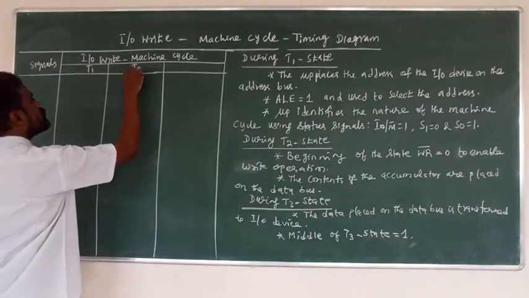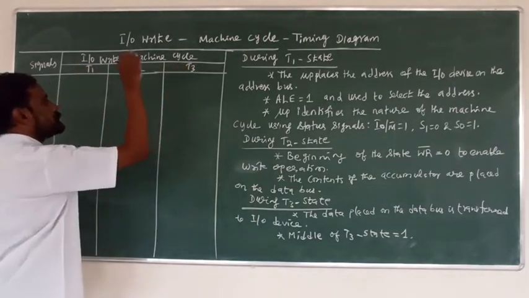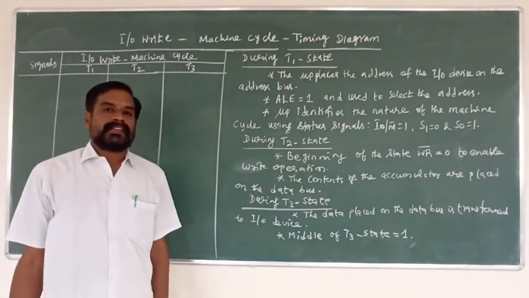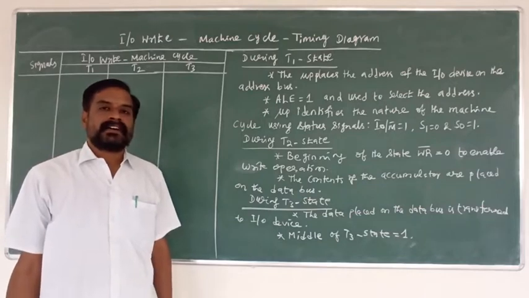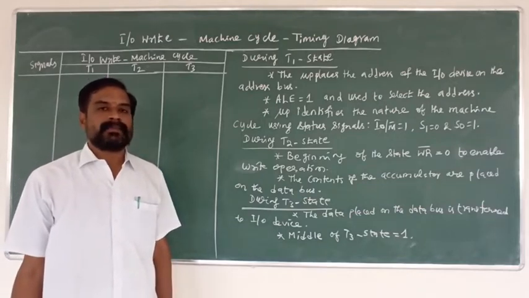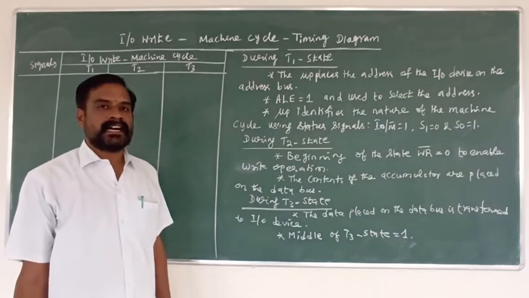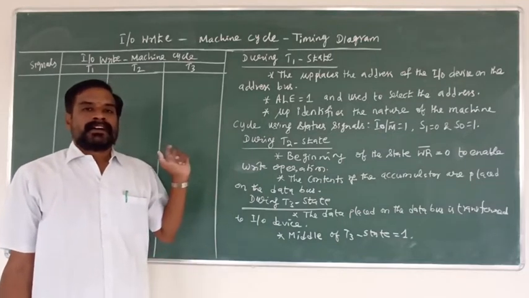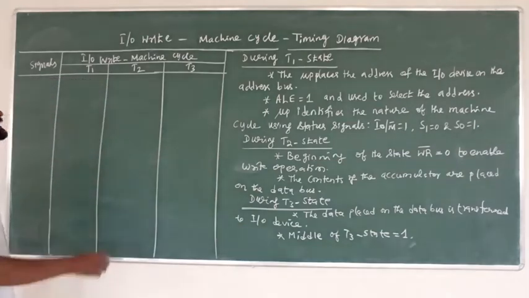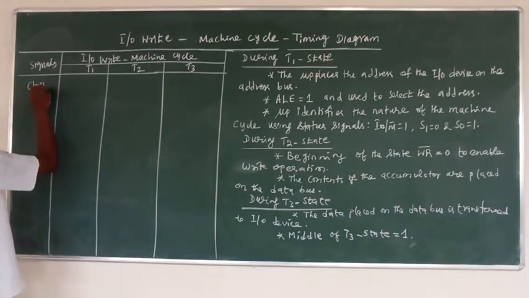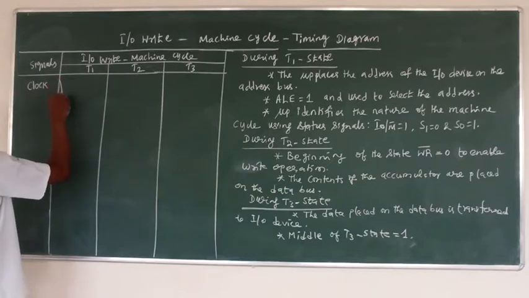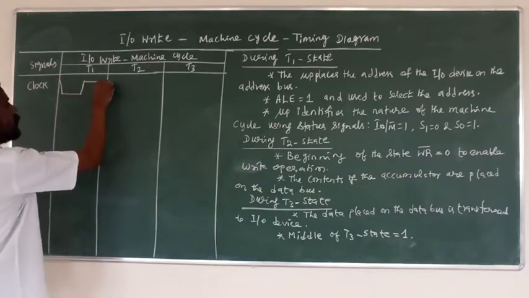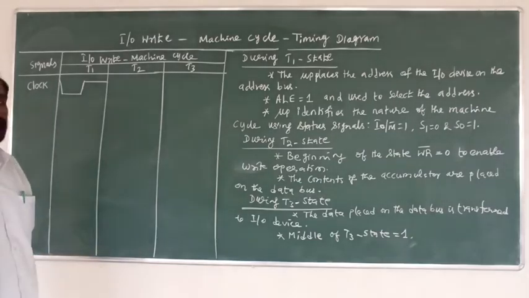For the clock signal, the first half of each T state is in the high state and the remaining half of the T state goes to the low state.